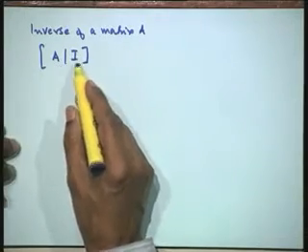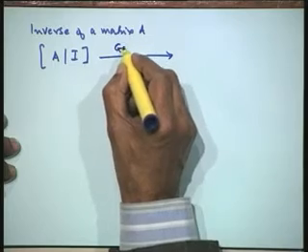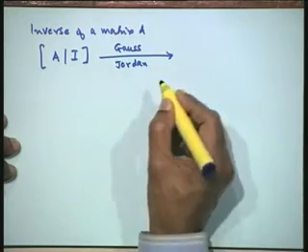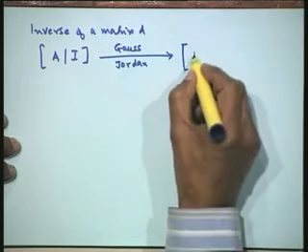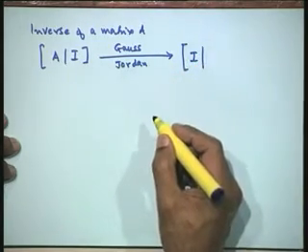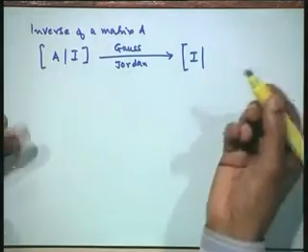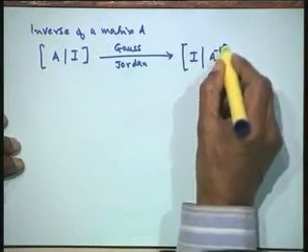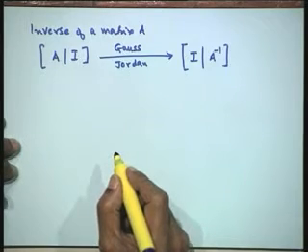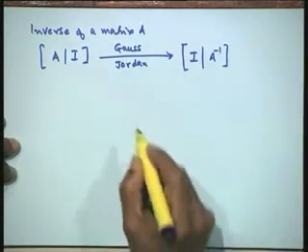So, this will be the augmented matrix A and I. We will perform the Gauss-Jordan procedure, then A is reduced to I, and hence I must be reduced to A inverse, because A inverse times A is equal to I. Therefore, this gives me A inverse. So, this Gauss-Jordan procedure gives me the inverse of a matrix.